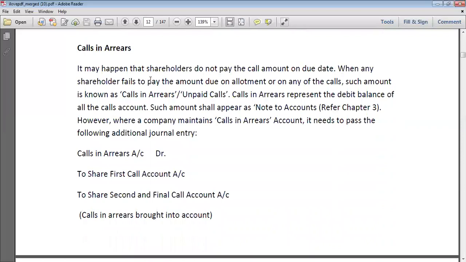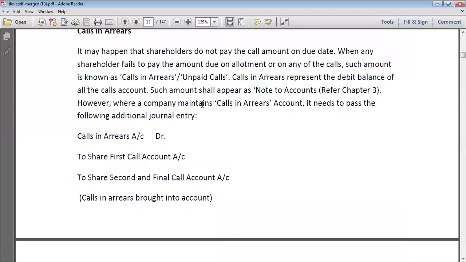When any shareholder fails to pay the amount due on allotment or any of the calls, such amount is known as calls in arrear. It may be allotment, first call, or second call. Such an amount which is not paid by the shareholders will be known as calls in arrear.